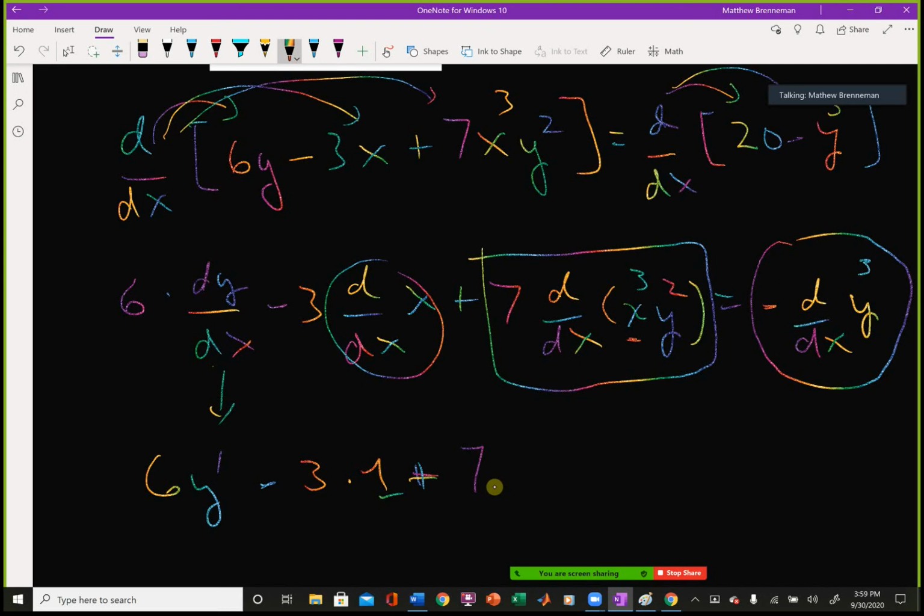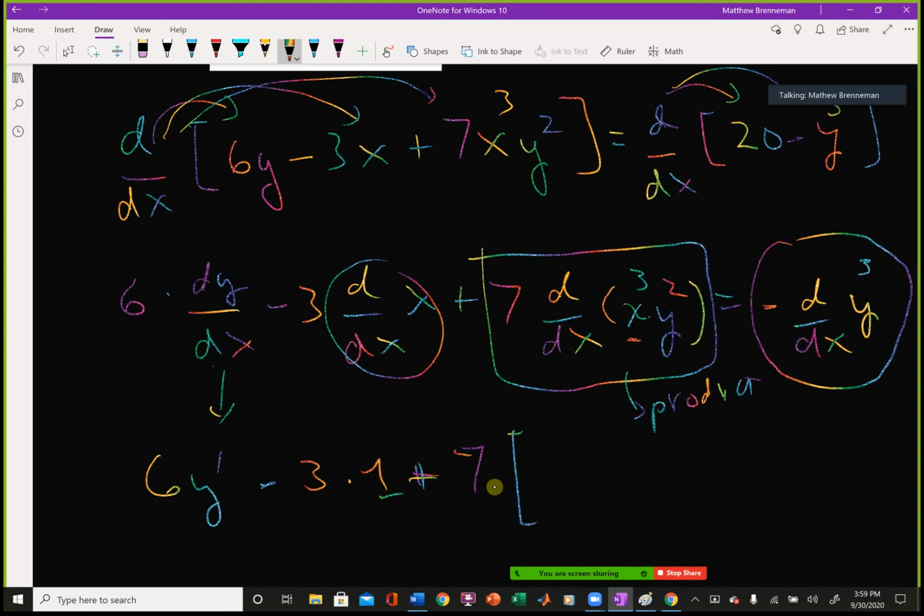If you were computing this, what is the last operation that you would do? No, I'm referring to x cubed y squared. If I just looked at this one thing here, what is the last operation? It's going to be multiplication. It's x cubed times y squared. So here I'm going to have to use the product rule. I have a product.